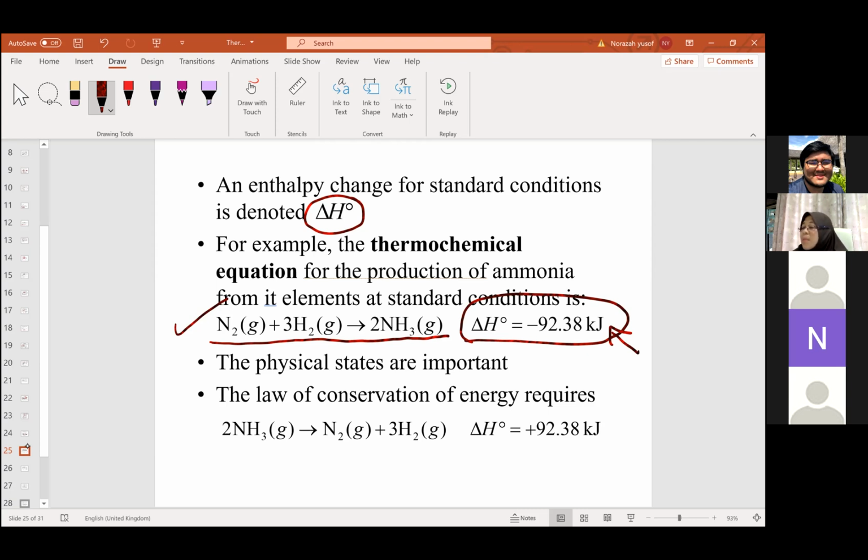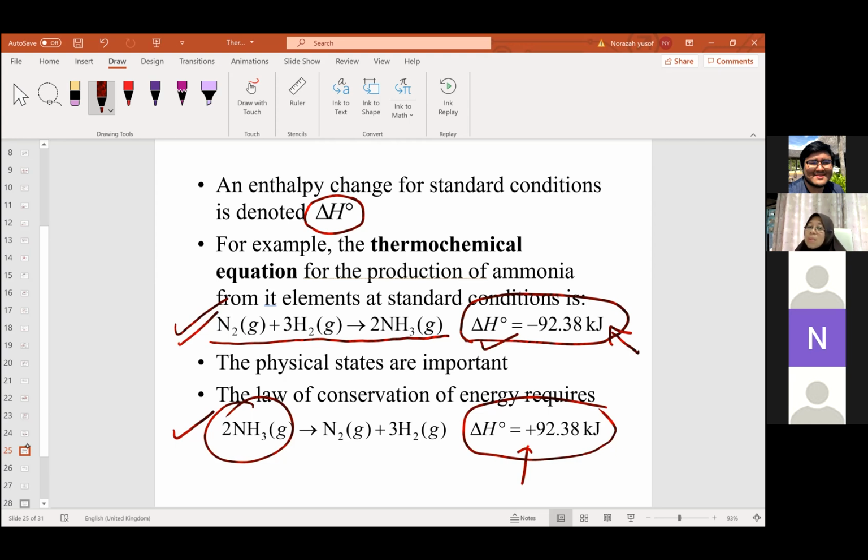Now you look at here, very important. If you reverse the reaction, here ammonia now is the reactant, then the value of enthalpy is the same, but now it is with a positive sign.